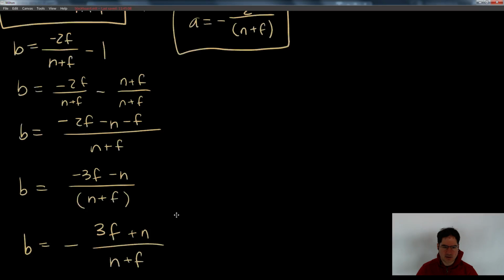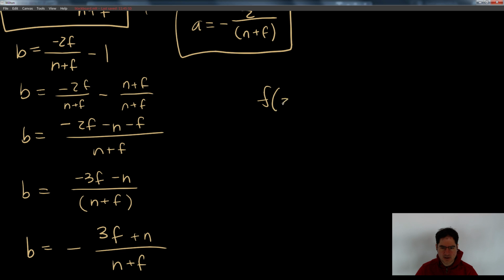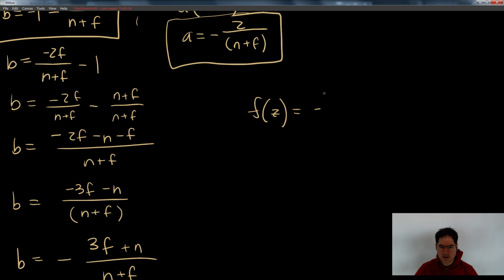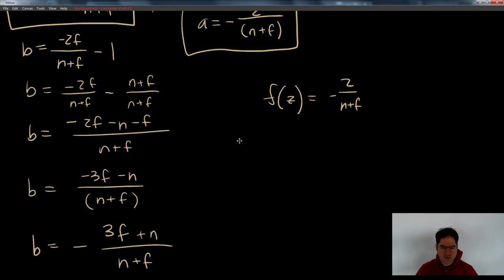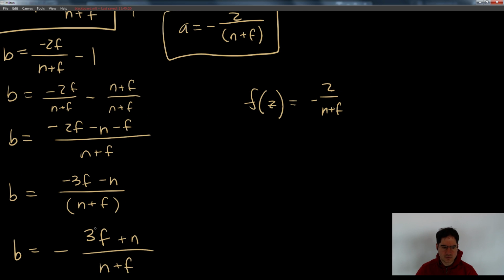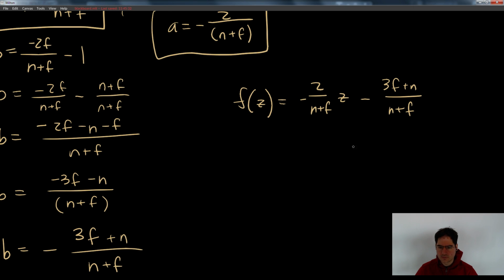So f of z, and here's my A and B. I've got negative 2n plus f in this case, and then I've got negative 3f plus n. Here's my z: negative 3f plus n over n plus f. So here are my values. Let's go ahead and plug in to my z. Let's plug in n. What do I get?